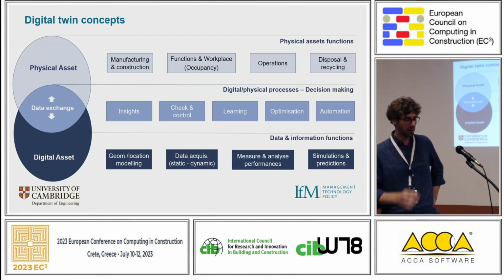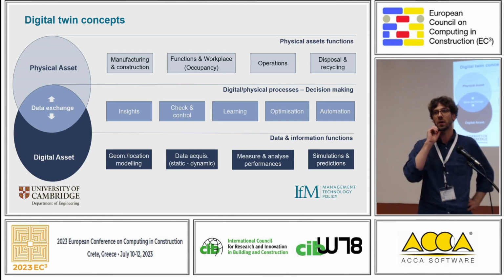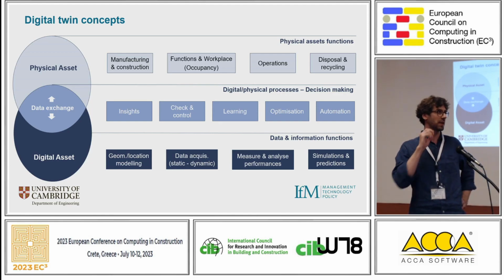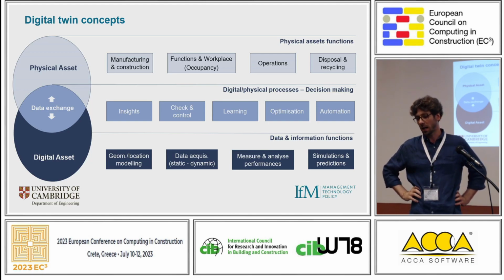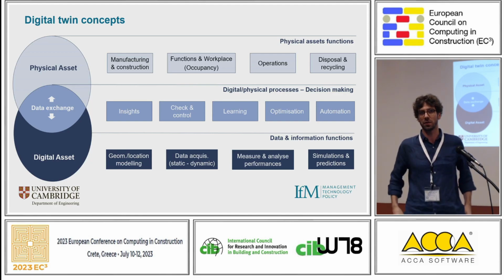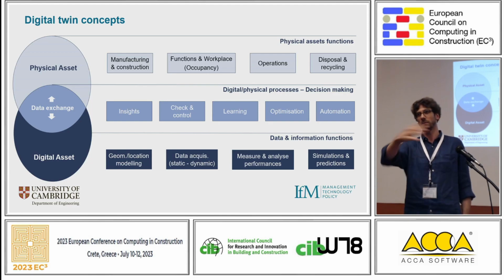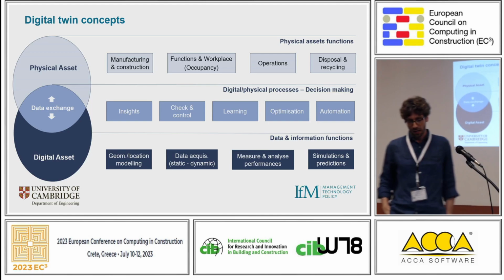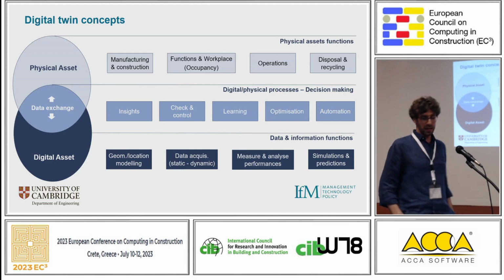Right, so first of all, a little bit of background on the digital twin concept, but I don't think that we actually need it because we have seen many other presentations on similar things. There are several conceptualizations of digital twin in the literature. In this room, many people are currently actively working on that. What we're interested in is the middle layer.